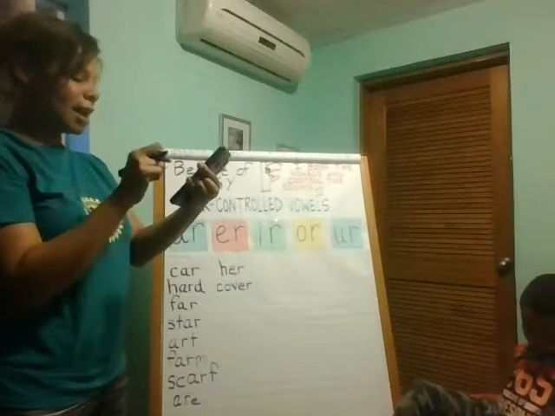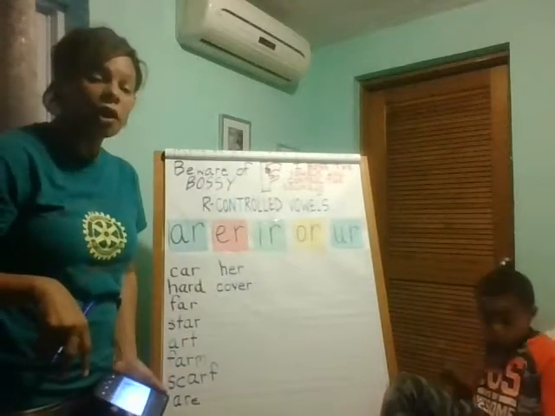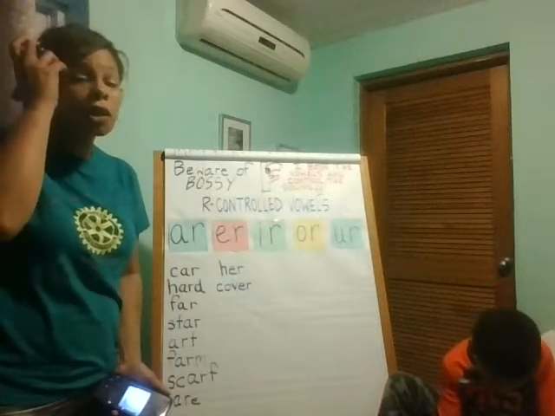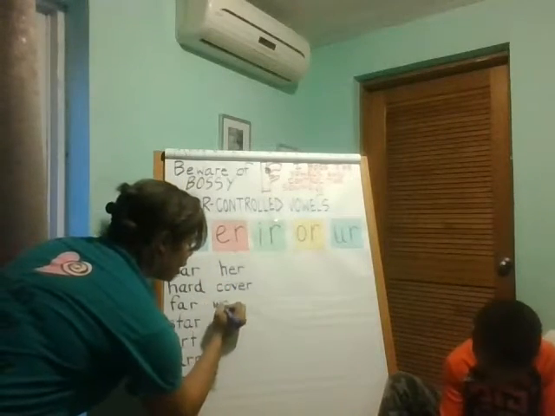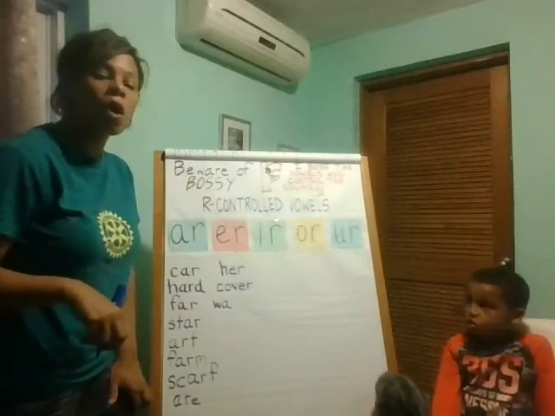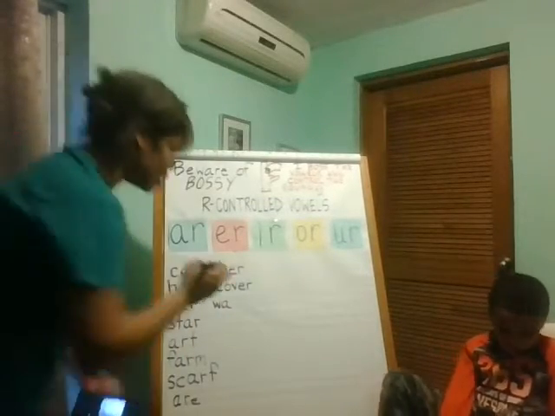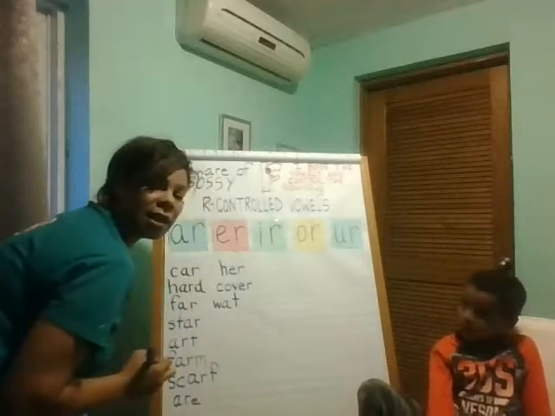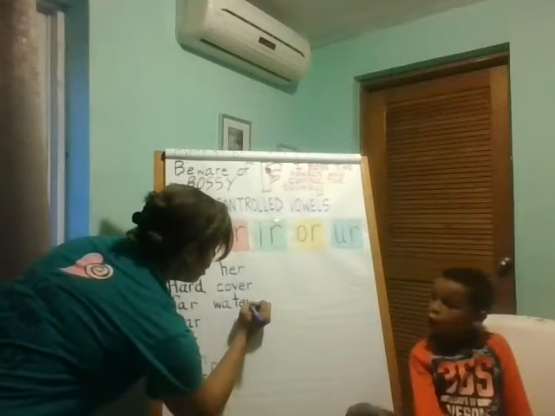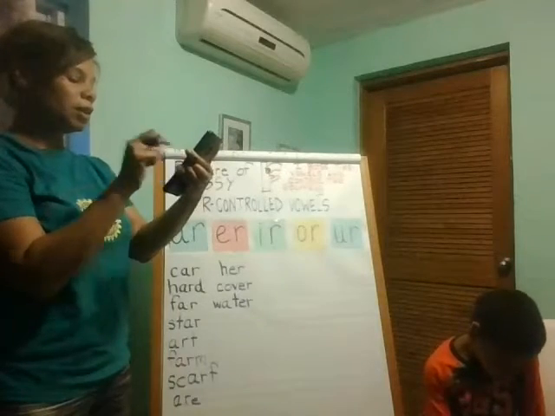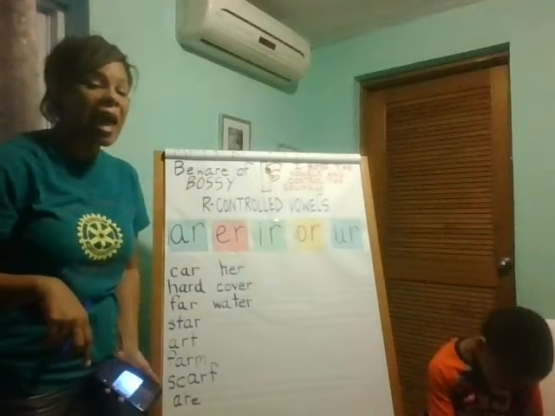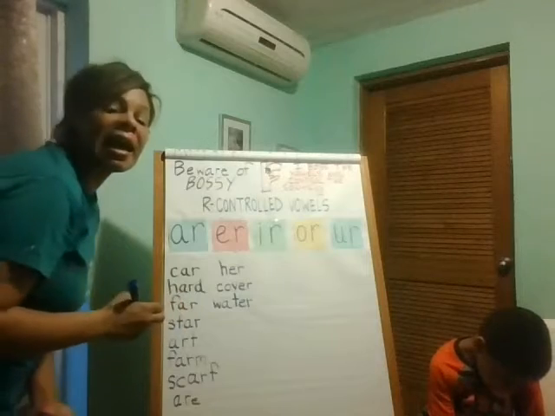Okay. Next. Water. This is a tricky one. Water is going to be W-A. And then what next? Water. T-E-R. After water, we have the word anger. This is a tricky one.